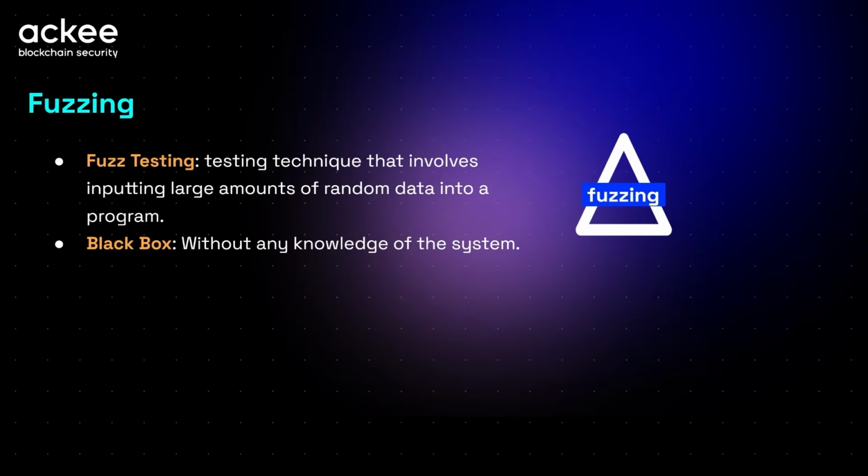So firstly, I have black box fuzzing. Black box fuzzing means that the fuzzing is without any knowledge of the system. This would mean that the fuzzer does not know what the system inputs are.